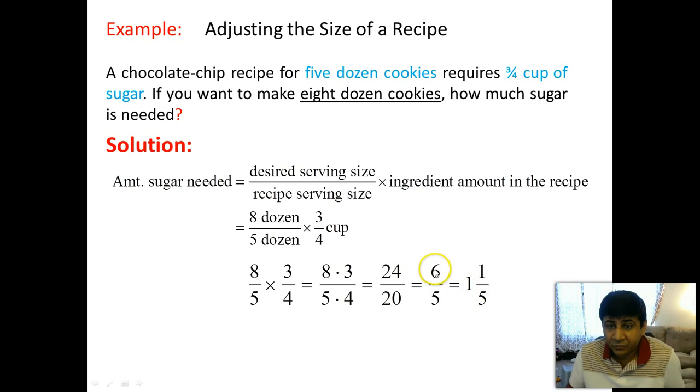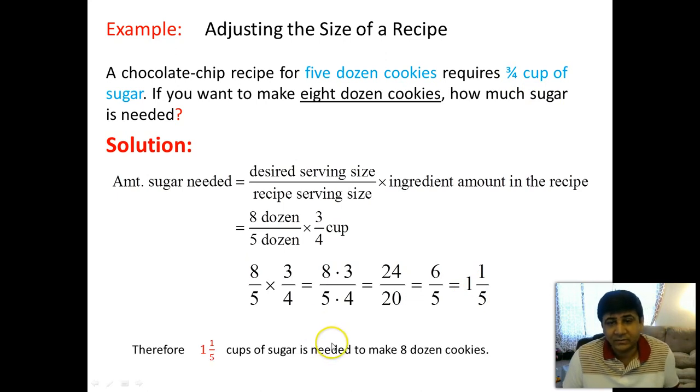So 6 over 5 basically means 1 full cup and then 1/5 of a cup. So 1 plus 1 over 5, this much sugar you need. So for 5 dozen you needed 3/4 of a cup, but for 8 dozen you need 1 and 1/5 of a cup. That's what you will need to have your original recipe working with the same delicious taste.